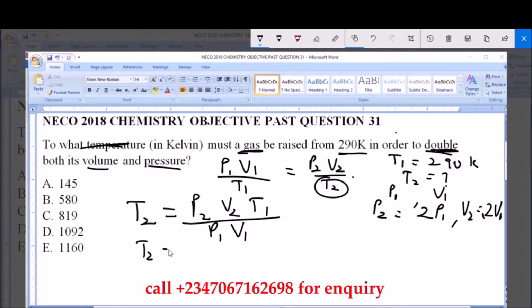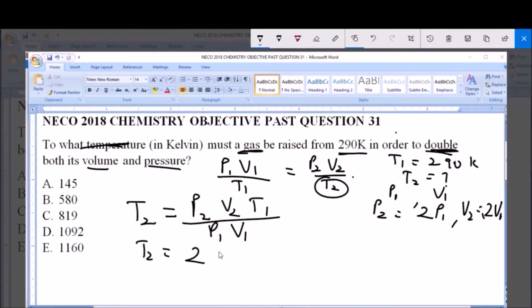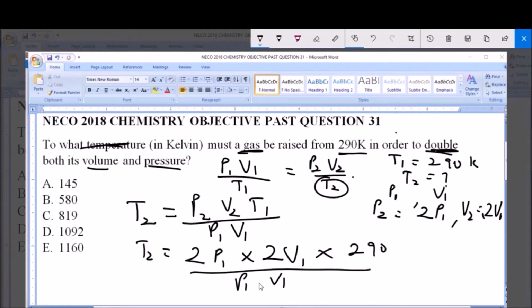Now let's substitute each value. P2 we said is 2P1, that is double the value of P1. So 2P1 times V2, which is 2V1, times T1, which is 290, over P1 V1. So P1 cancels P1, V1 cancels V1.